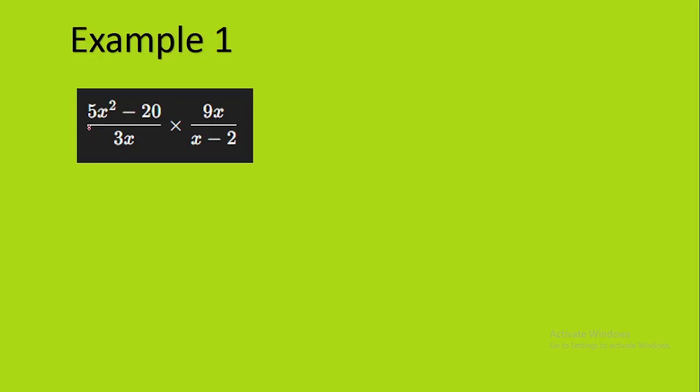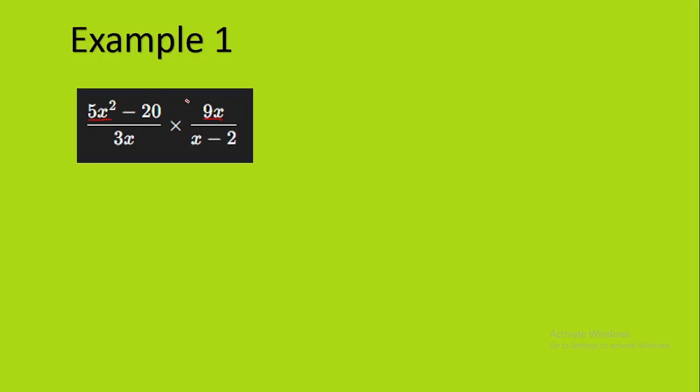In our first example, we have (5x squared minus 20) over 3x, multiplied by 9x over (x minus 2). So we have two fractions that we're multiplying right now.